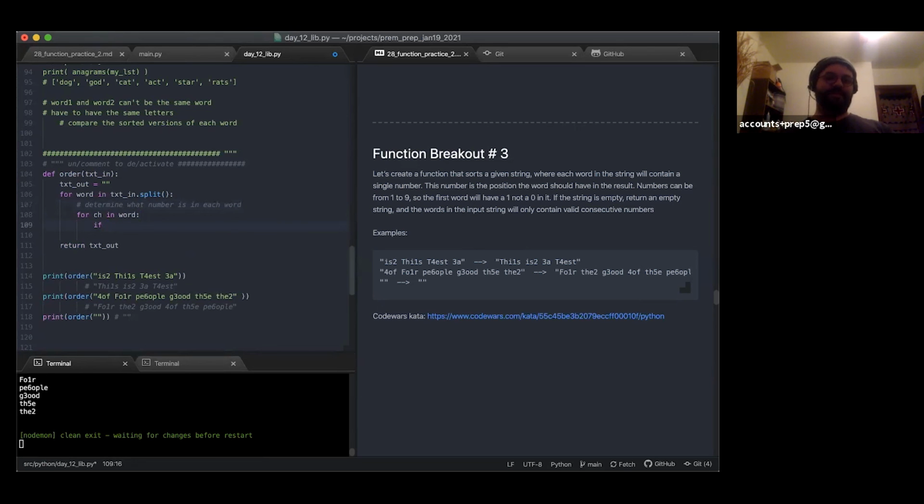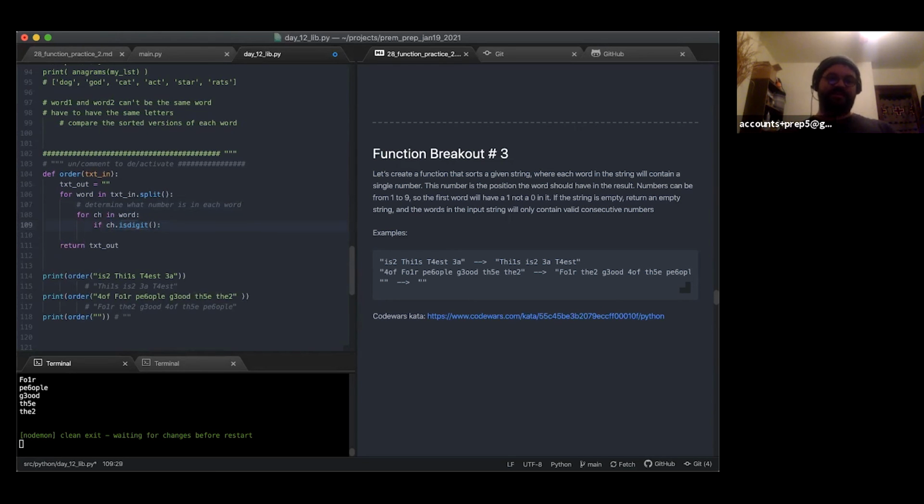So we could say for the character in the word, we want to know if the character is a digit. Fortunately, ch.isdigit is a method for strings, and it tells you whether the string that you're calling it on is a digit or not, true or false.